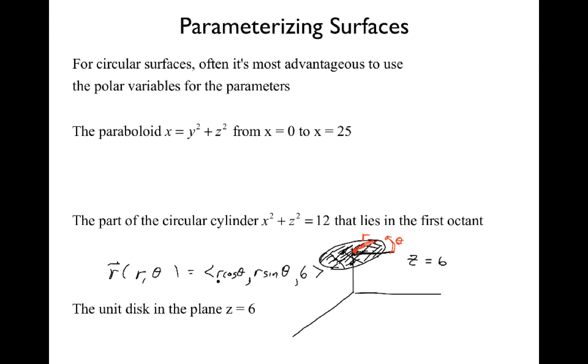If r is not restricted, we get the whole plane z equals 6. So for the unit disk, r needs to be less than 1. And if we want to include the boundary, then r is less than or equal to 1. Now we've restricted it to all points with a radius less than or equal to 1, which is inside the disk.